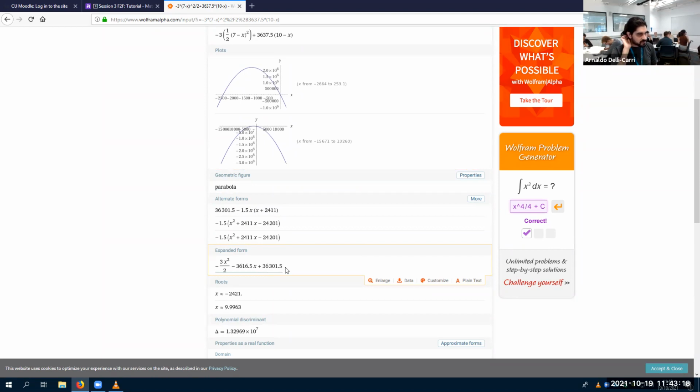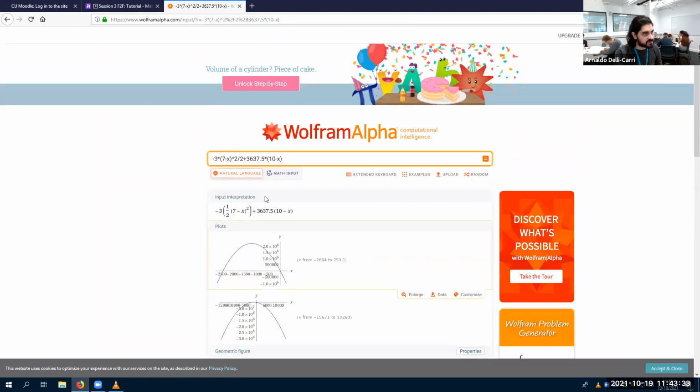Guys, was it too hard? I don't think it was too hard. Minus 3 halves there, minus 3,000. Oh, of course, this is also not right. How is it possible? Did I mess up? Minus 3 times 7 minus x squared divided by 2, plus this. Is there anything else I missed?